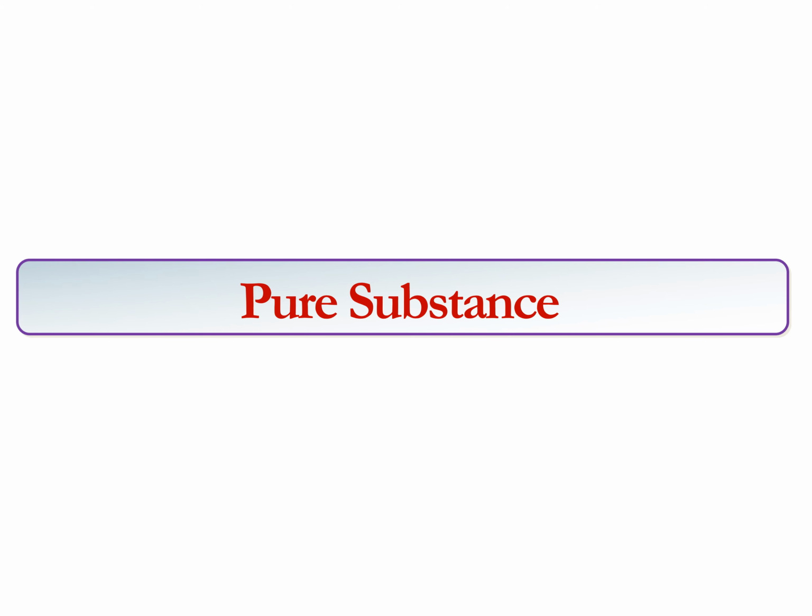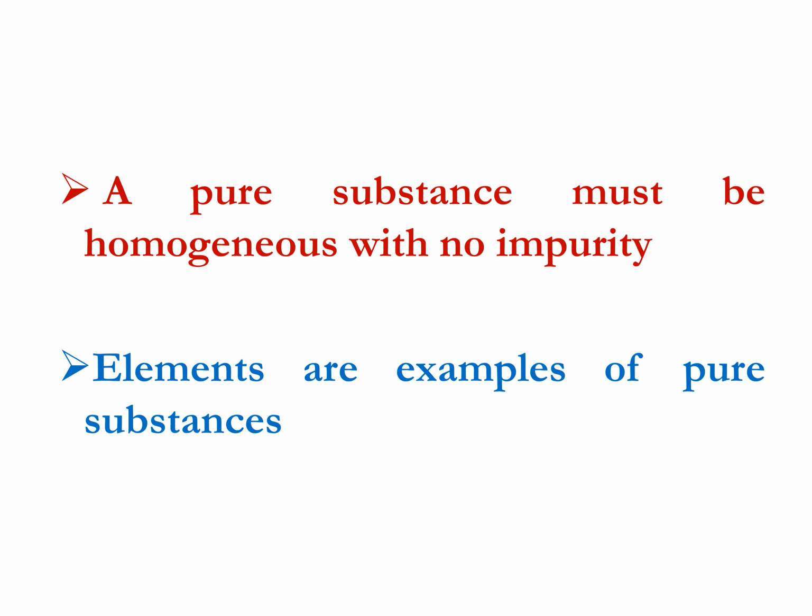So we now look at pure substances. What is a pure substance? A pure substance is a substance with a homogeneous chemical composition. So any substance that has a homogeneous chemical composition is known as a pure substance. All the chemical elements are examples of pure substances.